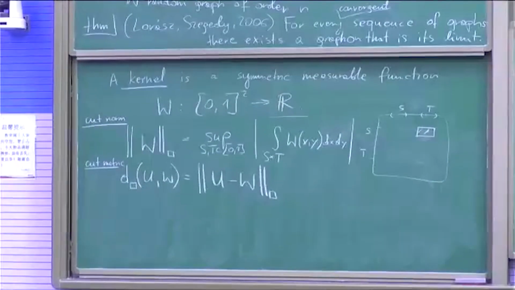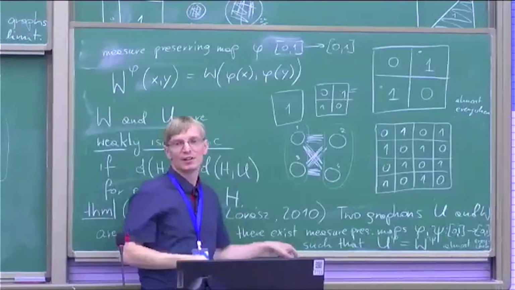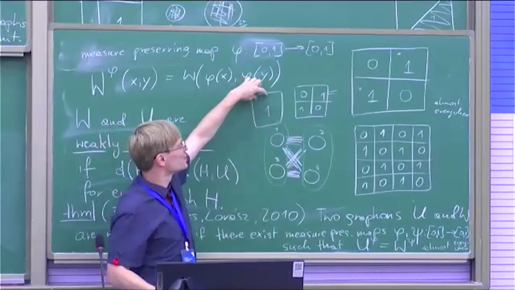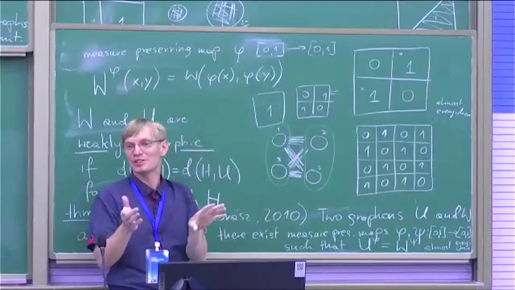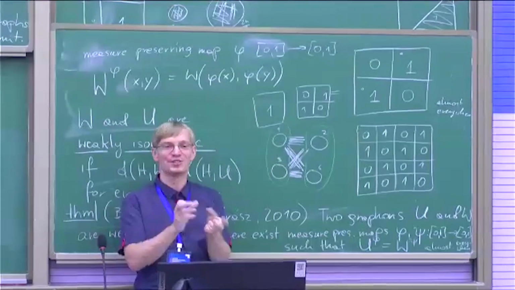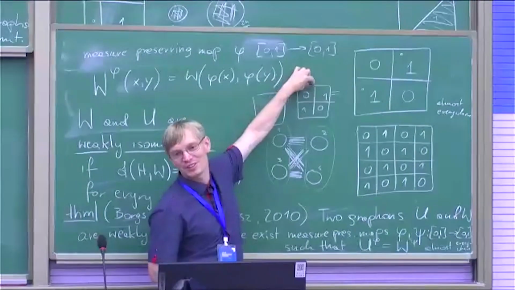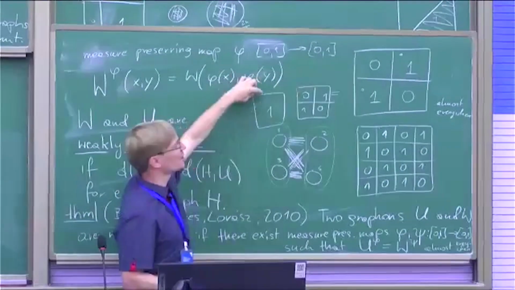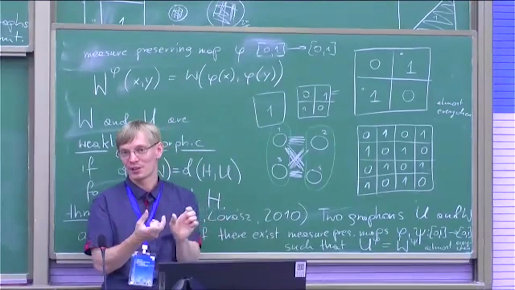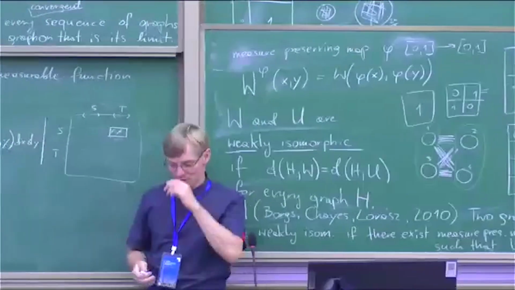Say I have one graphon which is complete bipartite, and the other which is a full clique. In some parts they are the same. If I cut, for example, the first half and the second half, between them I have all possible edges in both. But if I consider different cuts, for example the first quarter to the second quarter, here there are no edges, while there I have a lot. This shows me that they are quite far away, so this notion is capturing if they are far away from each other.